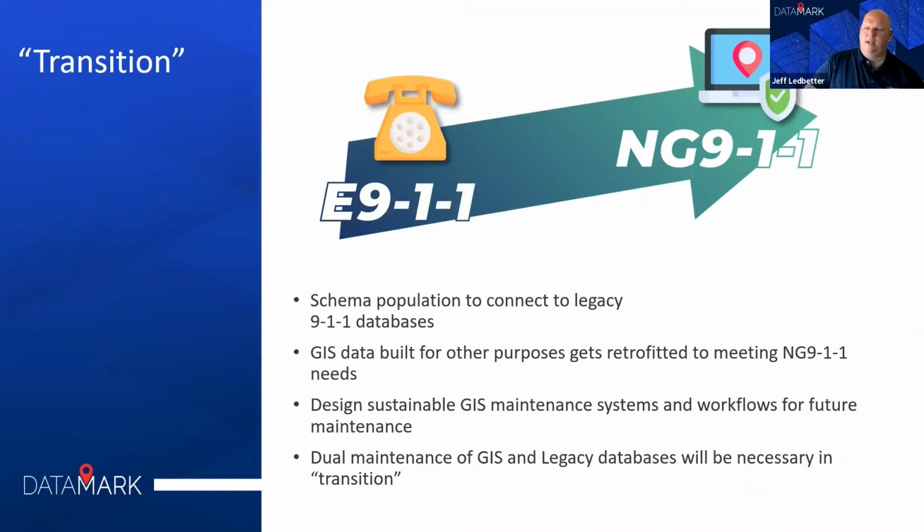Schema population needs to occur, GIS data sets populated from the legacy 911 databases, the ALI and MSAG, so that some software elements in the ESInet, and again, we'll get into details on those software elements and how they use the data, can flip back and forth between legacy elements and Next Generation 911 elements.